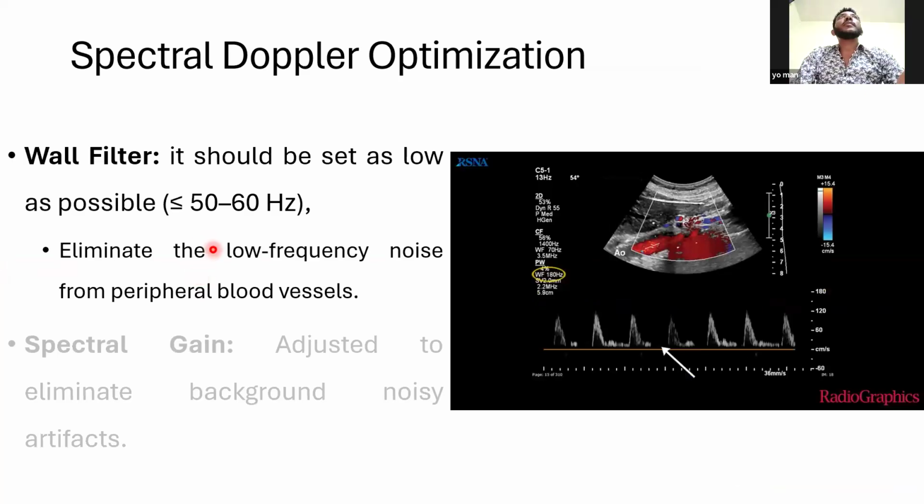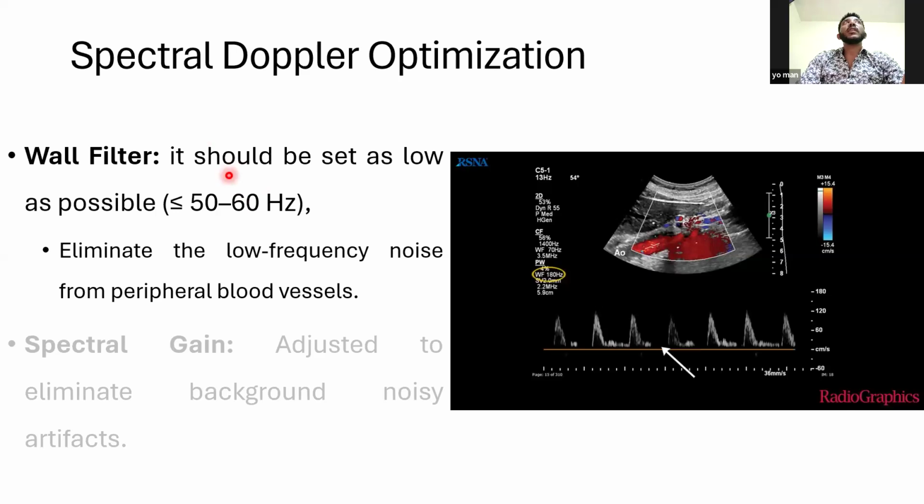Wall filter. This is the best thing. Talk about the physics of wall filter. According to the recent guideline of the ESOG, the wall filter should be as low as possible, which is less than 15 up to 16 Hz, because a lot of obstetric vessels, fetal-maternal vessels, are displayed in the greater than those frequency shifts.